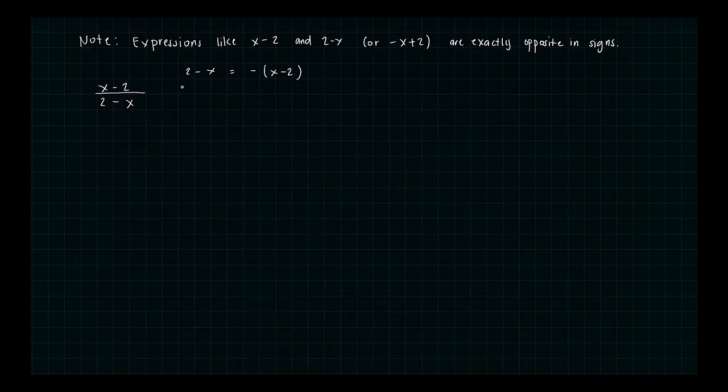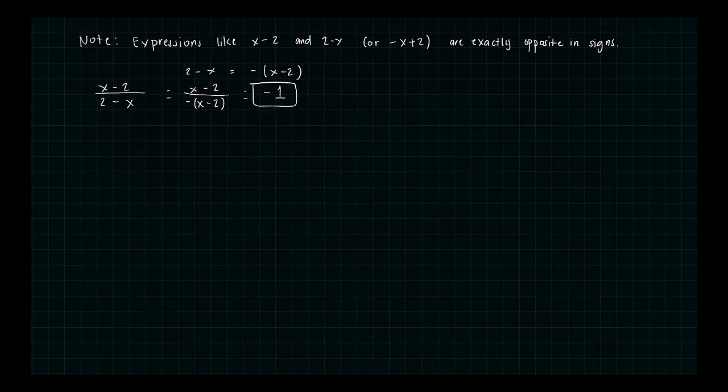Now we can rewrite our fraction with x minus 2 as our numerator and the denominator is negative (x minus 2). Anything divided by its negative is negative 1. So the answer is negative 1 for this problem.